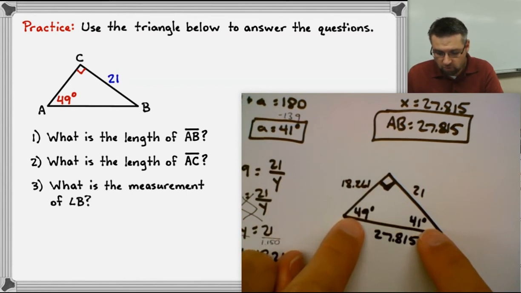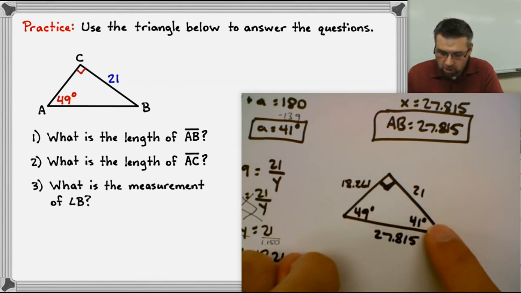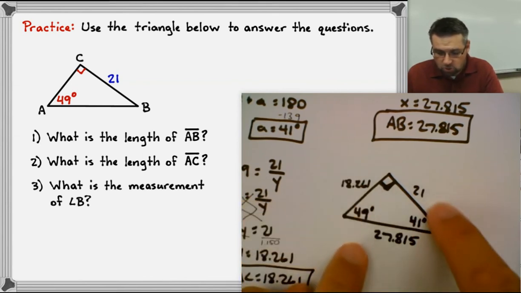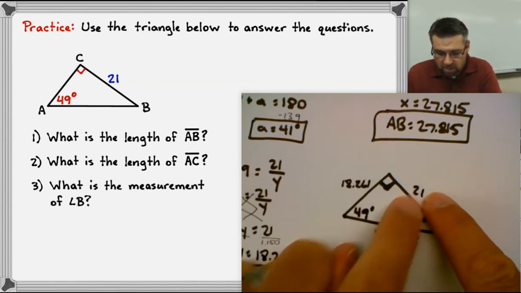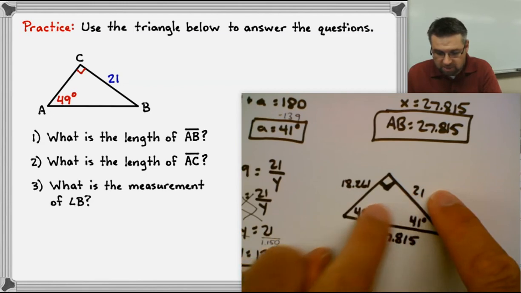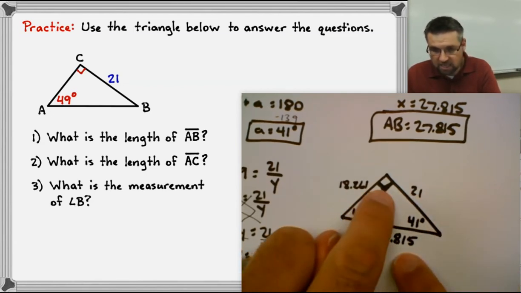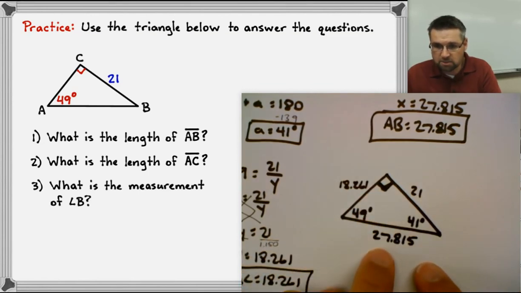Of 41 and 49 degrees, 41 degrees is smaller, so that should be opposite the smallest side. And 21 is bigger than 18, so it should be opposite the bigger angle out of the two. And it is, right? And obviously the biggest angle, which is 90, is opposite the biggest side here.